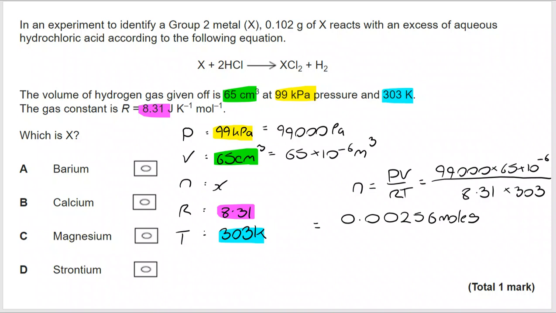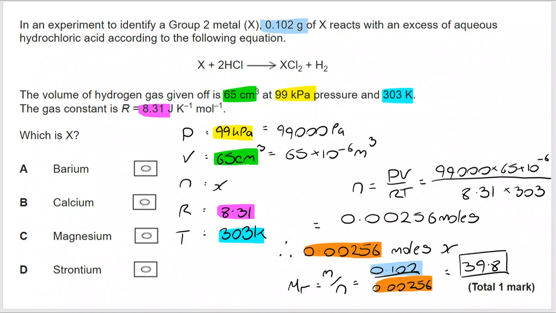I put those figures in and I get a number of moles value of 0.00256 moles. Now, if that is how many moles of H2 that I've made, I can use mole ratios to see that I must have started with 0.00256 moles of X. And if I now know that about X, I can use that along with the molar quantity and the mass of X. I can do m over n, and that will give me an Mr value of 39.8.